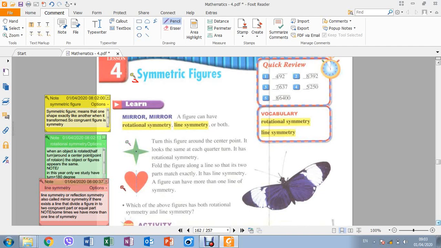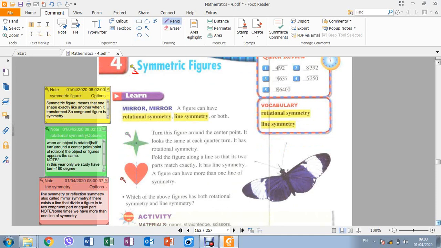Here we only study half turn. We have quarter turn, which is a 90 degree angle, half turn, and full turn, but we only study half turn. What does half turn mean? When we rotate, half turn means 180 degrees. For example, you rotate this model around this point, the middle or center point.